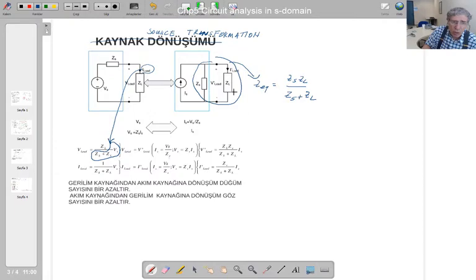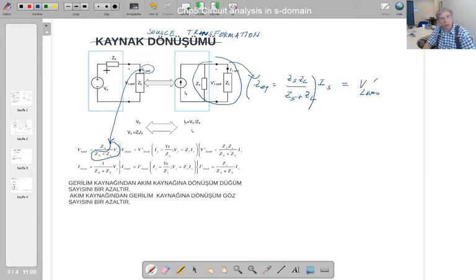This impedance multiplied with IS gives me V load prime. So this is what is here. So we are saying these two are equivalent.